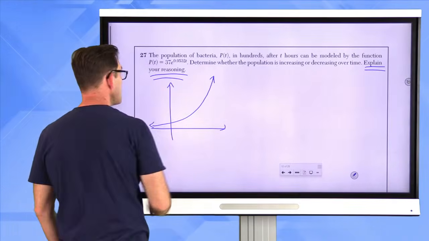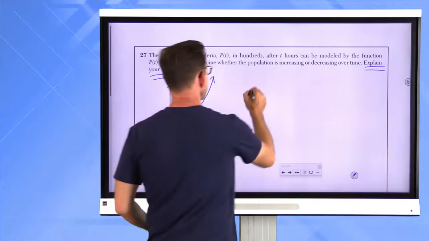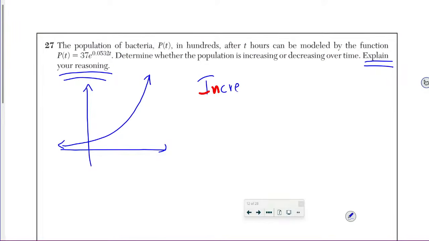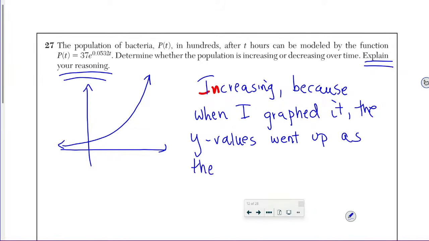You could literally do this, get it in your calculator, and then you could say increasing because when I graphed it, the y values went up as the x values went up.